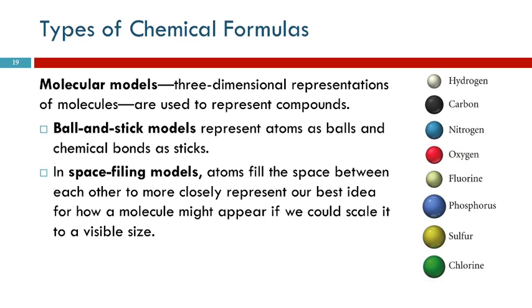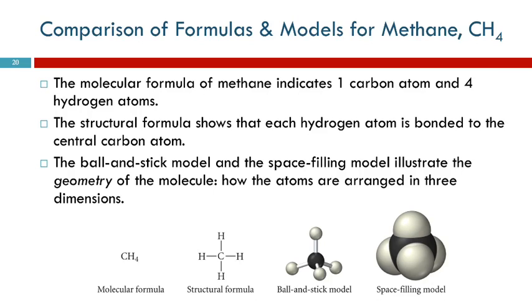By color coding the balls in these models, we can avoid writing down all the chemical symbols for what those things are. It's just to help us visualize what's going on. So if we look at one particular compound, this is named methane, and its formula is CH4.